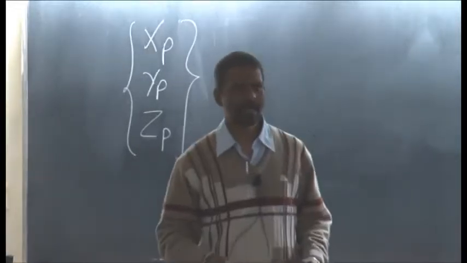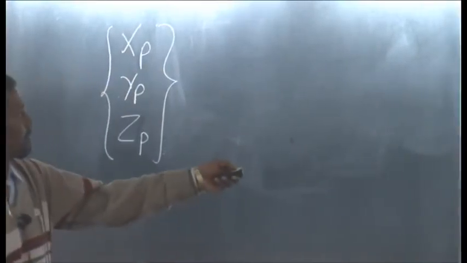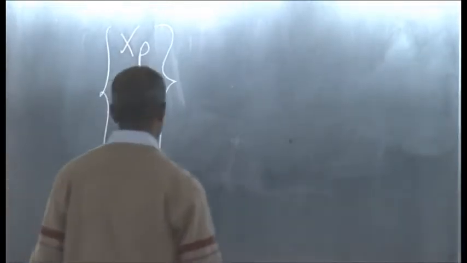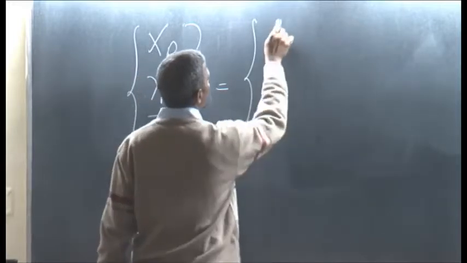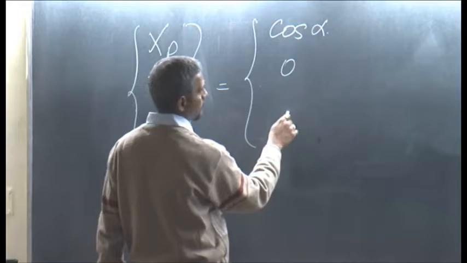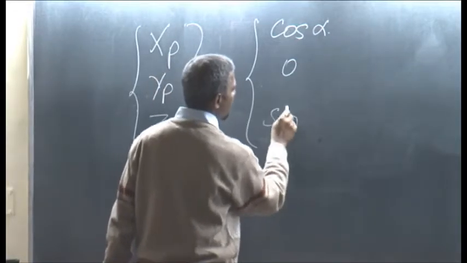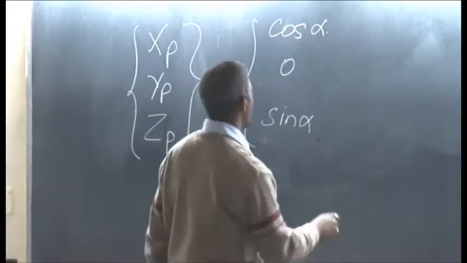Let's focus on the P coordinates. P coordinates are given by cosine of alpha, 0, cosine of alpha, 0 and sine of alpha.